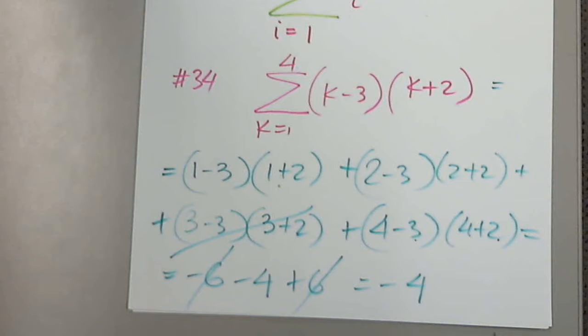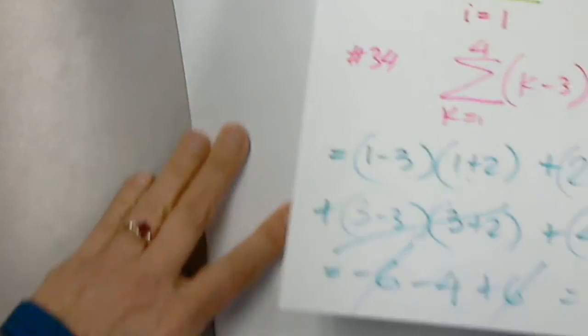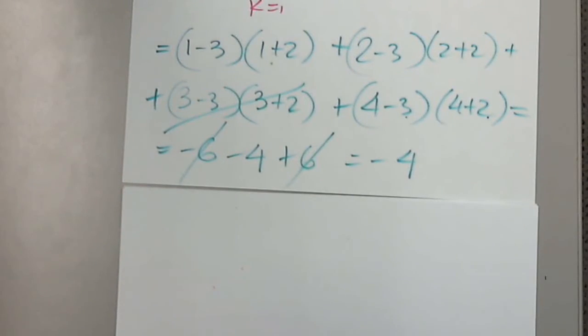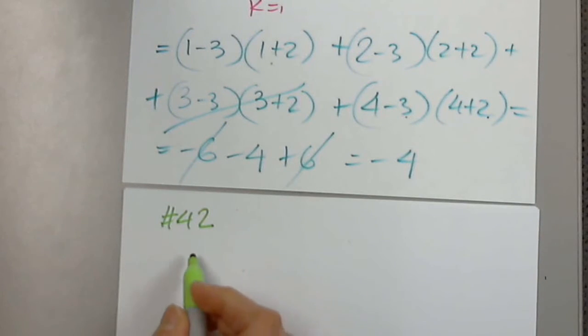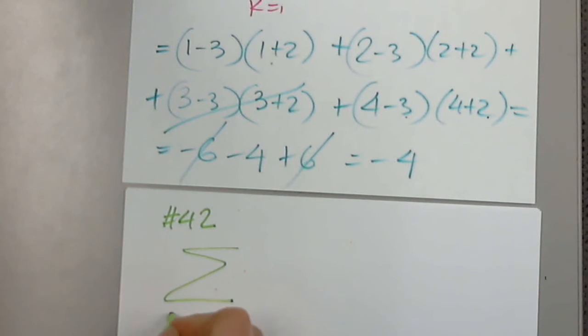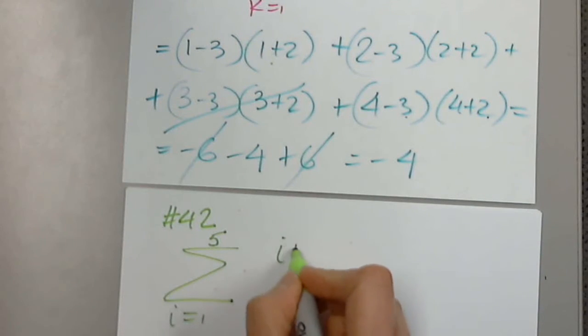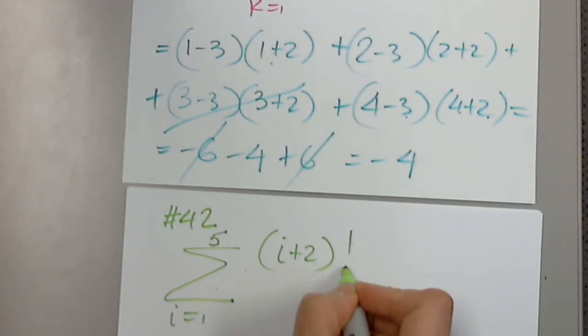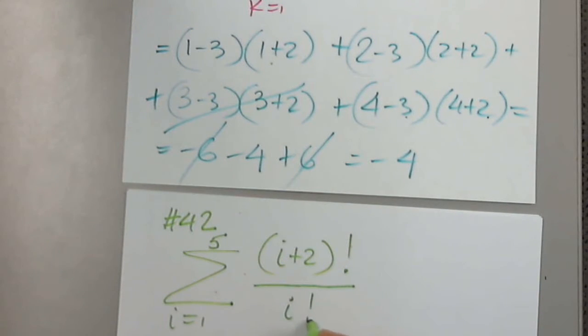Okay, one more. You are going to love this one. 42. The sum from i equals 1 through 5 of i plus 2 in parentheses factorial over i factorial.